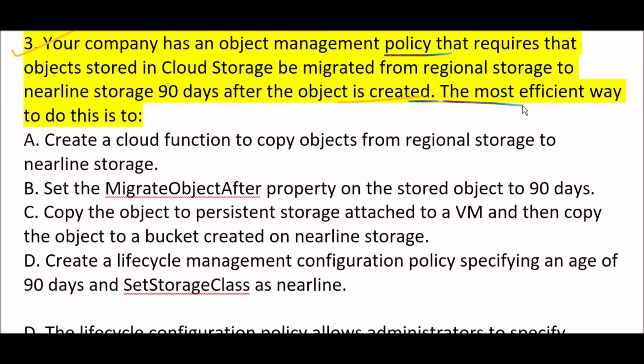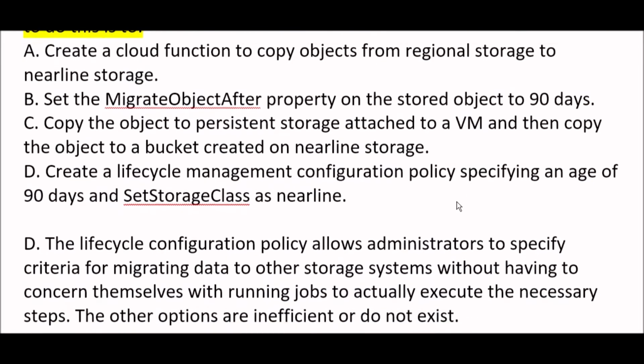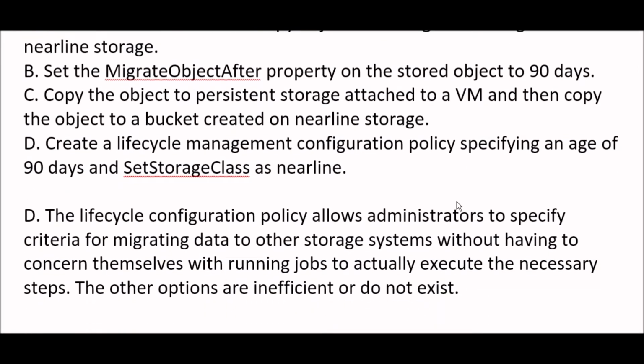Option B, set the migrate object after property on the stored object to 90 days. Option C, copy the object to persistent storage attached to a VM and then copy the object to a bucket created on nearline storage. Option D, create a lifecycle management configuration policy specifying an age of 90 days and set storage class as nearline.